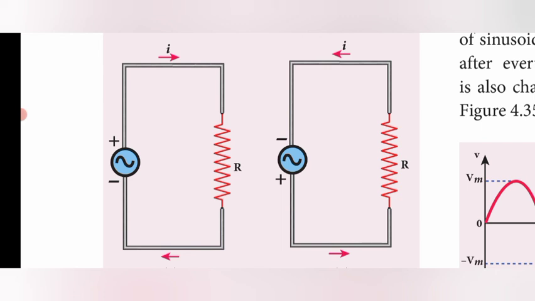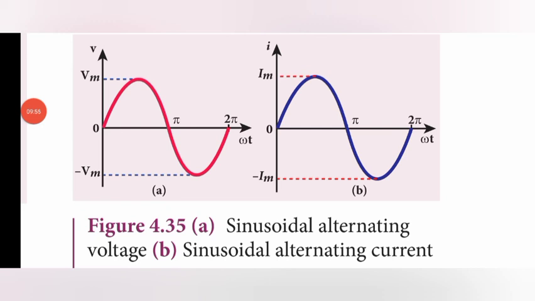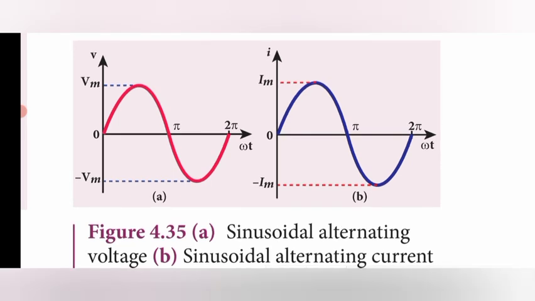Then we have to see the wave formation. This is the sinusoidal wave formation of alternating voltage and also alternating current. Sinusoidal wave means sine waves. The first graph represents the value between the voltage and theta, where theta is equal to omega t. Here Vm is the maximum voltage, and for negative polarity, the maximum is minus Vm.